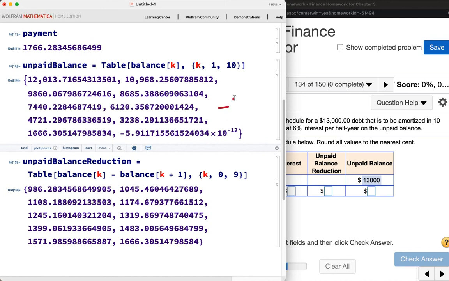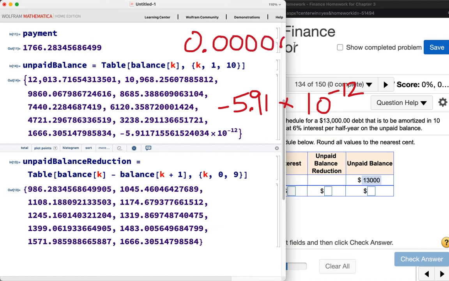This number here is negative 5.91 times 10 to the power negative 12, which is 0.00000000000591. So that's basically 0, guys. We can treat that as 0. Okay, that's really 0. All right.